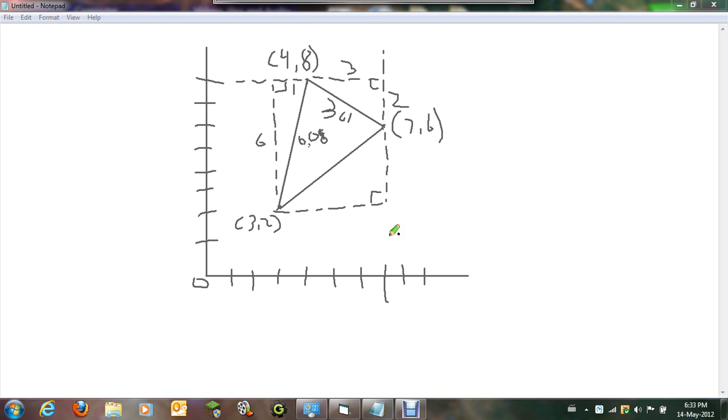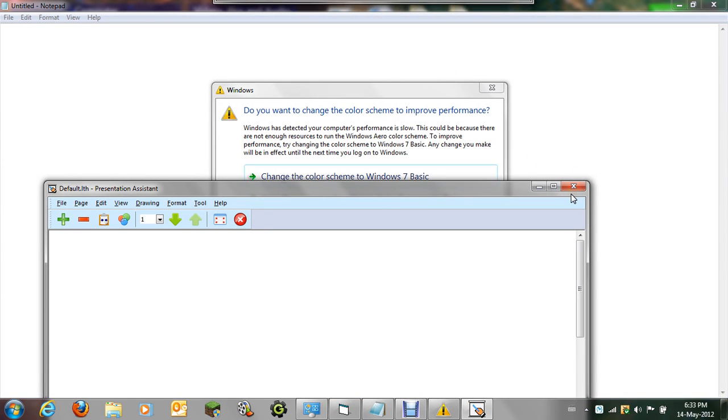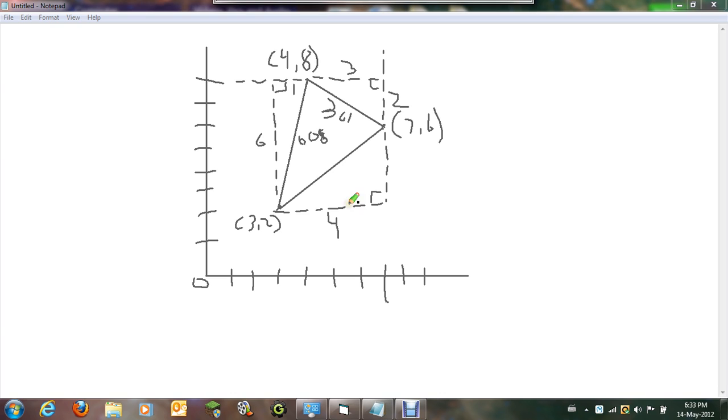This one here is 1, 2, 3, 4 long, and this one here goes 1, 2, 3, 4. So this one is also 4. So 4 times 4 is 16, and 16 plus 16 is 32. The square root of 32 is 5.66.